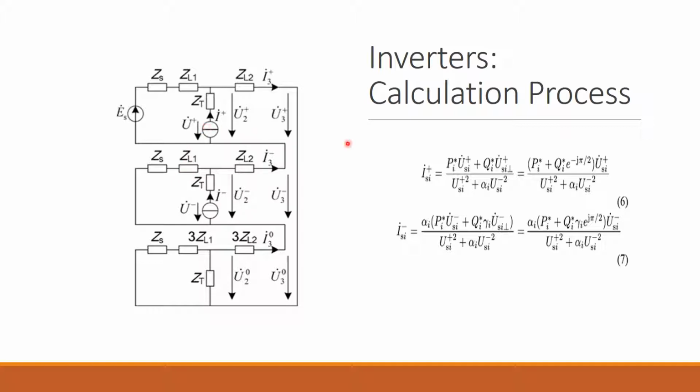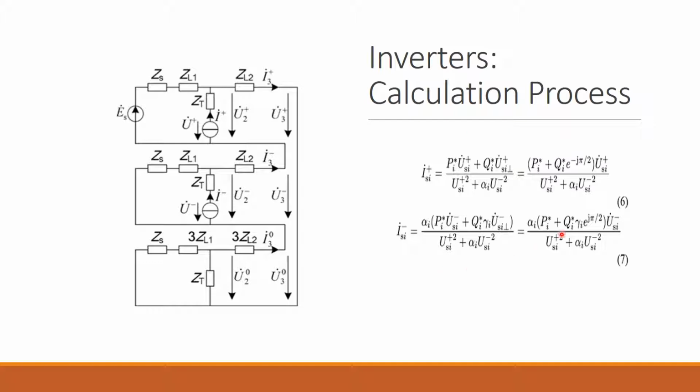And basically, these currents right here for the positive sequence and the negative sequence are taking into consideration the reactive and real power, but they're also taking into consideration the U's. And the U's actually represent the voltage seen across the inverters, which is what we're going to have here and here, for example.